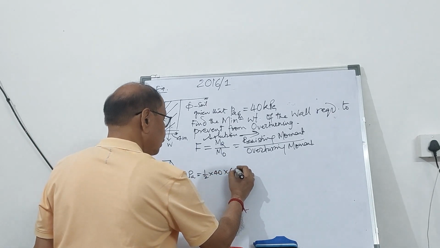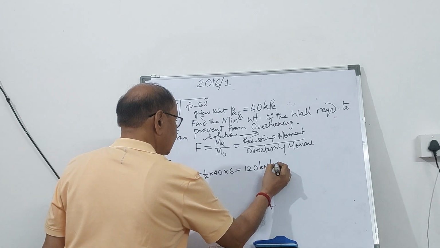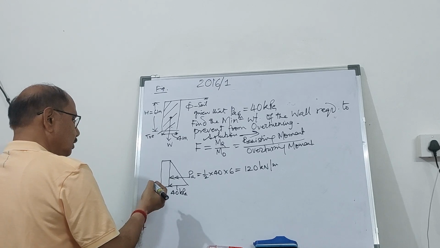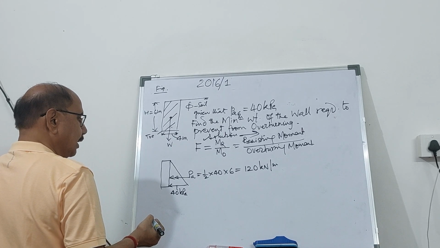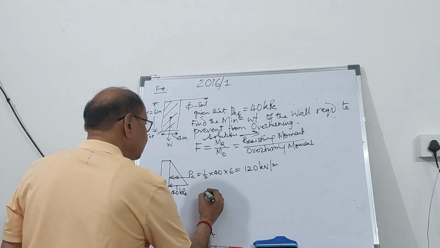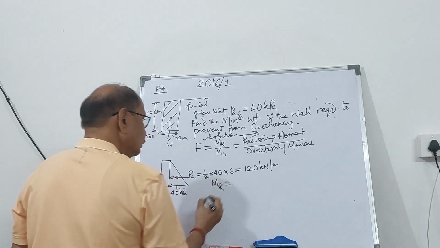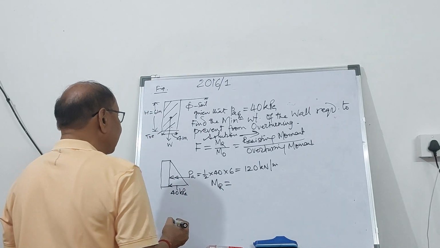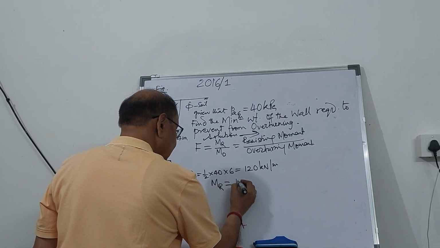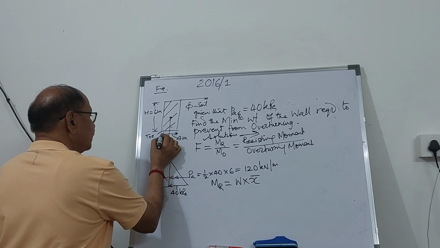So this becomes 120 kilonewton per meter length of the wall. So this is the value of PA. Now, the resisting moment MR is due to the weight, as I told you. So the weight multiplied by X bar. What is the value of X bar here?